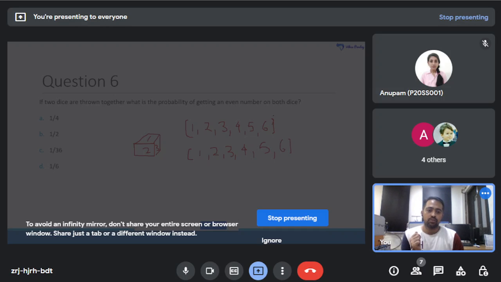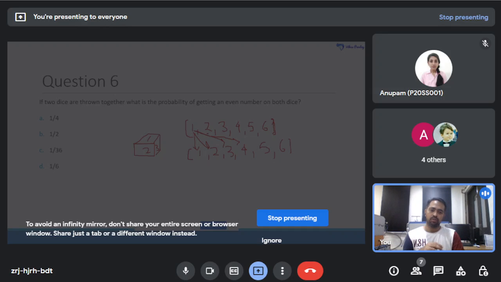So we are talking about the combination of these two. When we put them together, they can have the same numbers or different numbers. So how many possible options are there? It can come as 1, 1, or 1, 2, or 1, 3.